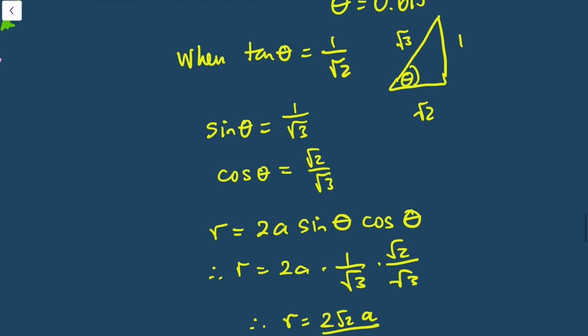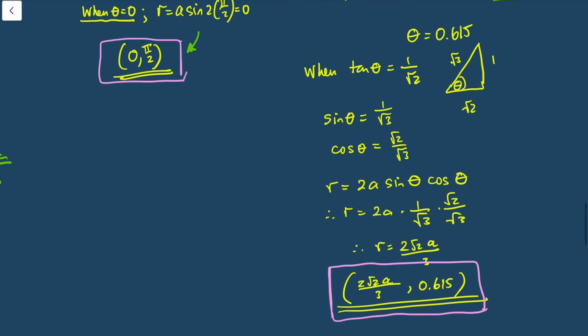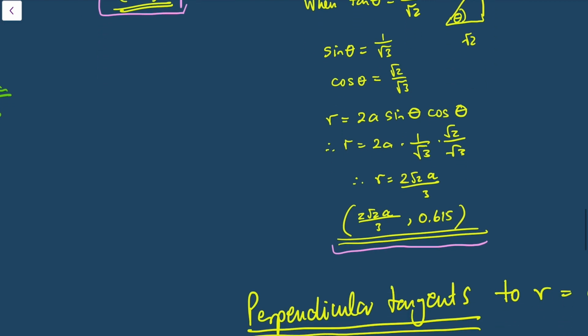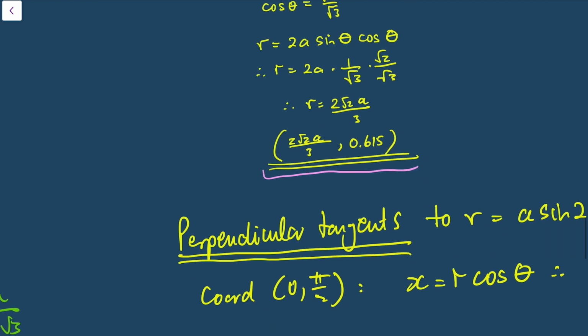However, I can find an exact value for sine theta and cosine theta, which I can then sub in here in r equals 2a sine theta cos theta, simplifies, and I get r equals 2 root 2a over 3, and that is the point of contact for where it is perpendicular.